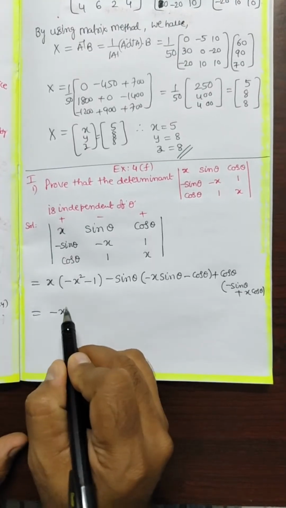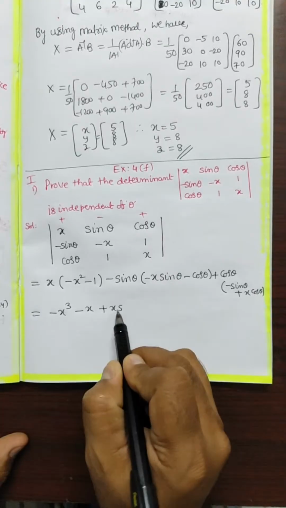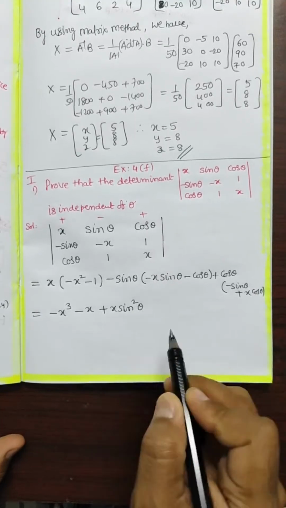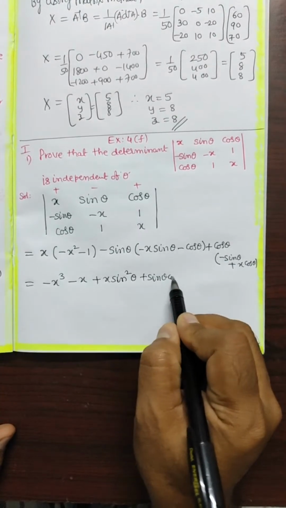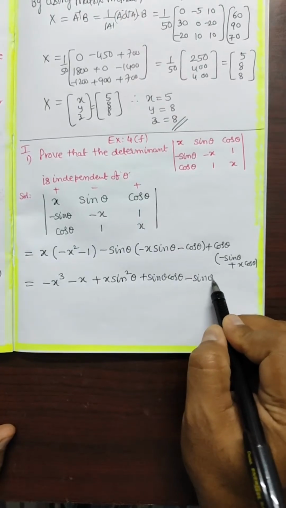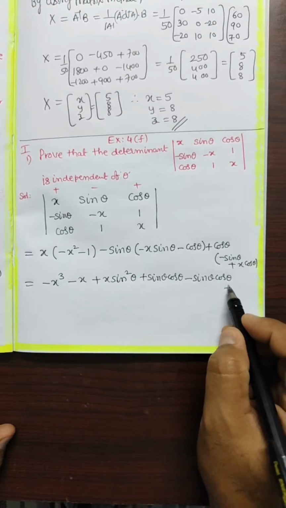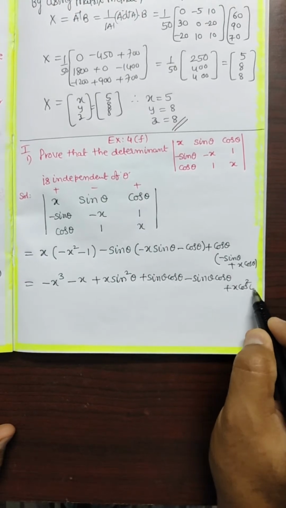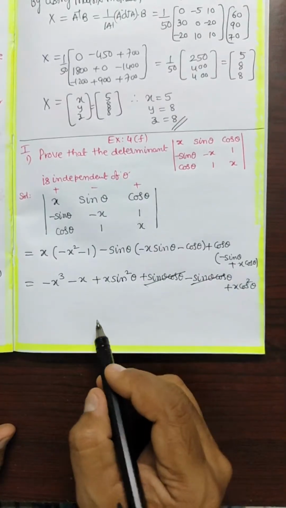So which is equal to minus x cube minus x plus x sine square theta plus sine theta cos theta. Next minus sine theta cos theta. Next plus x cos square theta. Sine theta cos theta minus sine theta cos theta cancel.